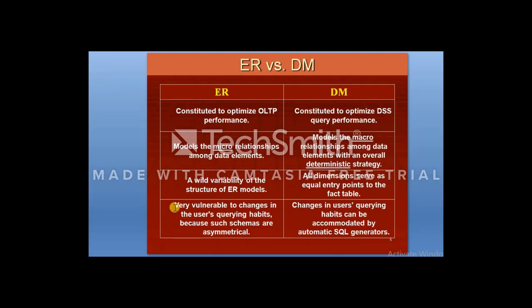So the main difference is that ER models are made for predefined queries, but dimensional models are made in such a way that you can automatically generate more SQL queries from the answers provided by the decision support system.